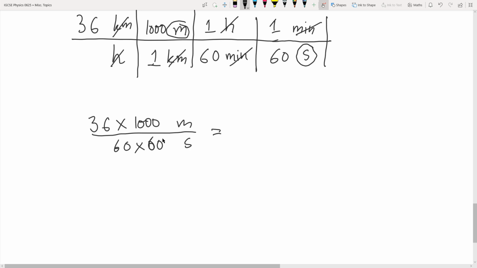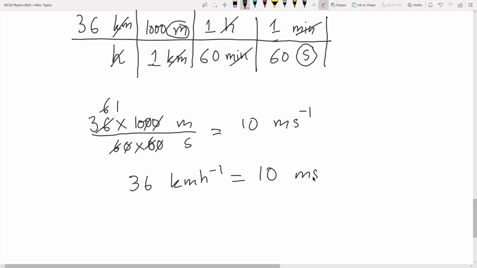So this zero cancelled, this zero cancelled, and 36 and 6 ones, so 1 into 10 gives you 10 meter per second. So we will simply say that 36 kilometer per hour is equal to 10 meter per second, right?